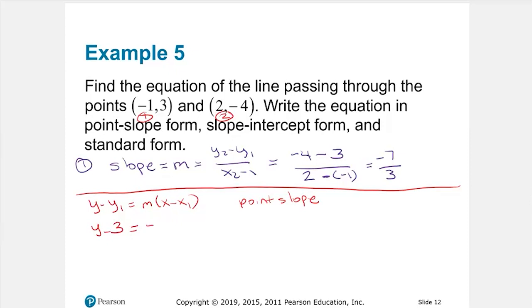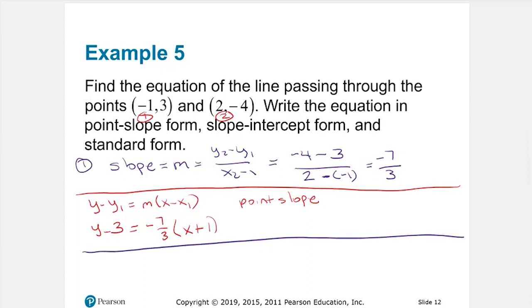Well, we just found out the slope, times x minus, and x1 is -1, which changes this to a +1. So this is the equation in point slope. So here's one equation. This is my point slope equation.